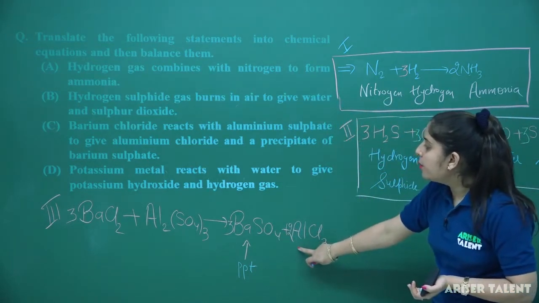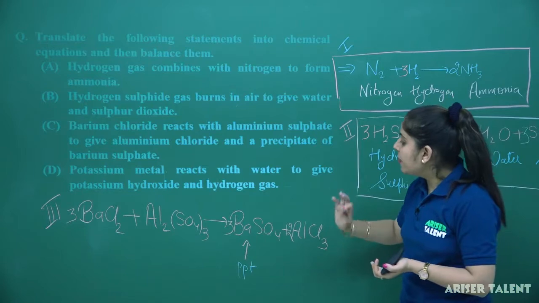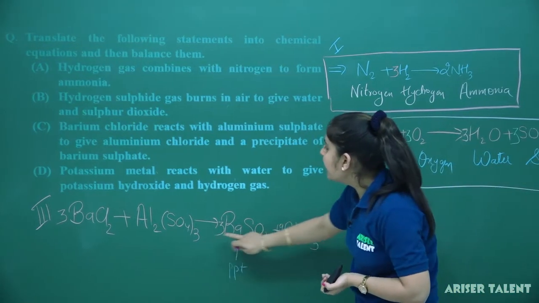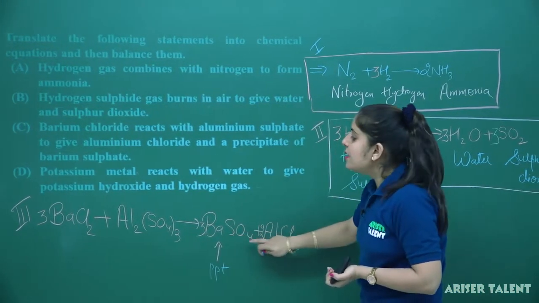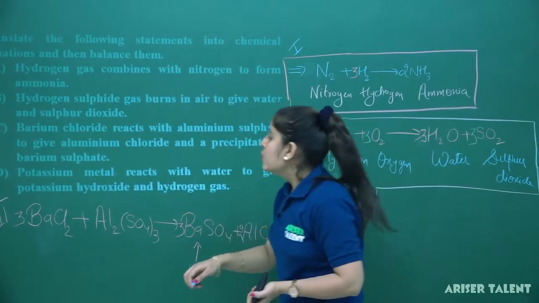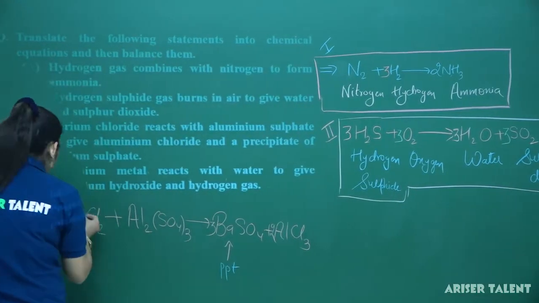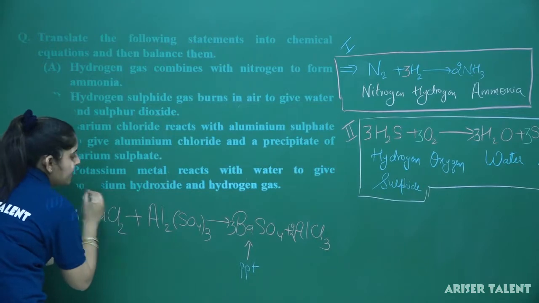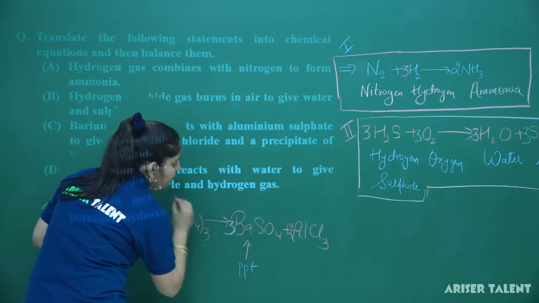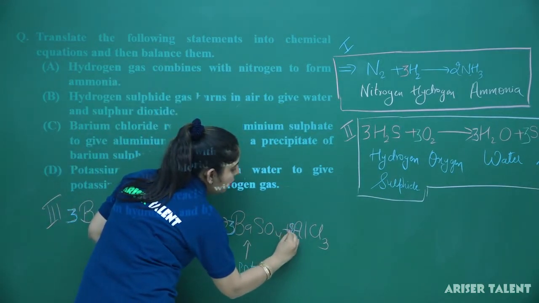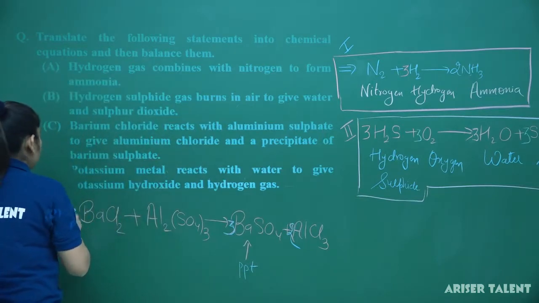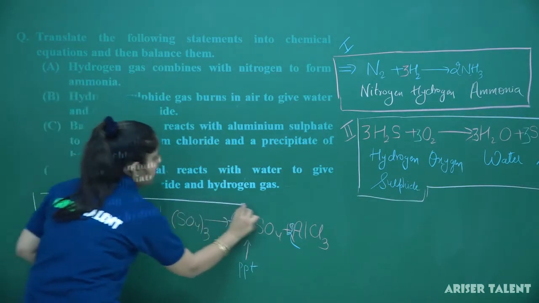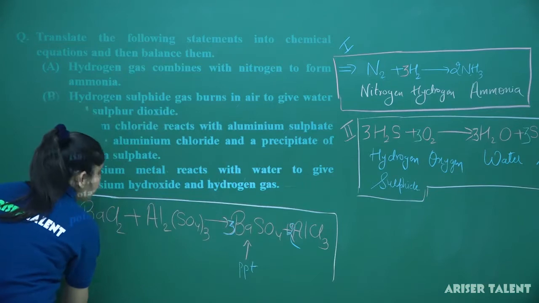Now aluminium 2, chlorine 6, barium 3. Now sulfur is 3, that is equal to 3, oxygen is 12, again oxygen is 12. So the complete balanced equation is 3 BaCl2, 3 BaSO4, and we are putting 2 over here. So this will be the correct balanced equation for the above reaction.